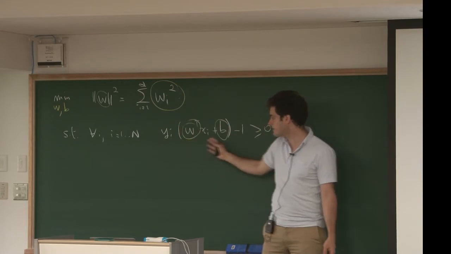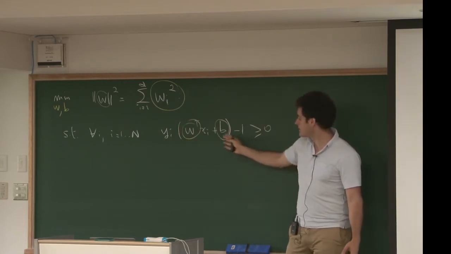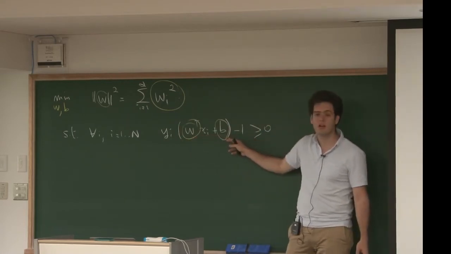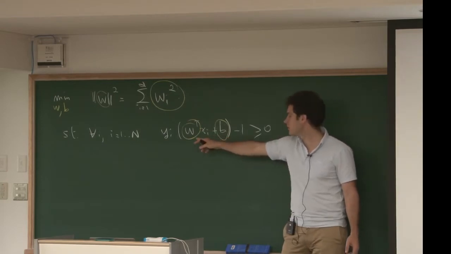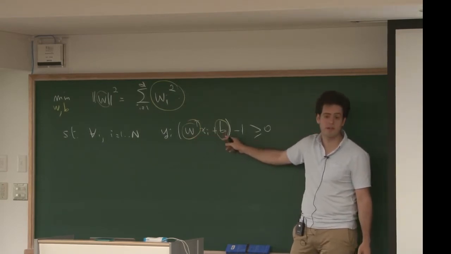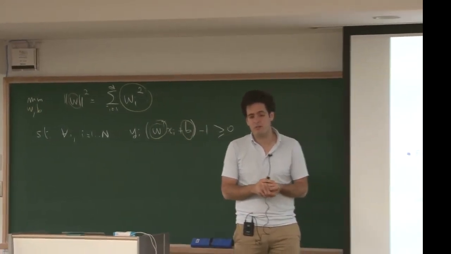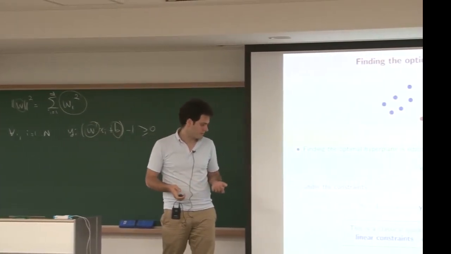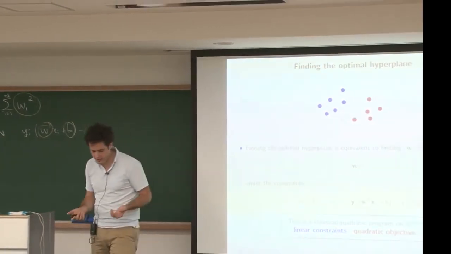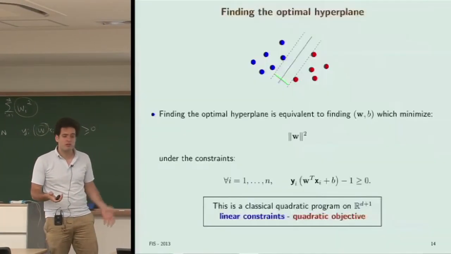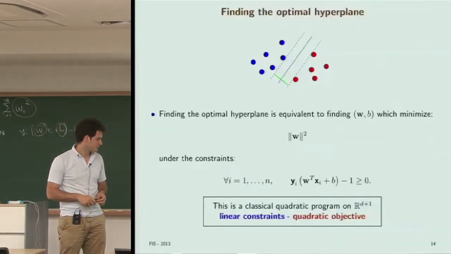And what can you say about the constraints? Well, this is a linear function of the wi's and of b. So this is a quadratic objective with linear constraints. Usually it's called a quadratic program.